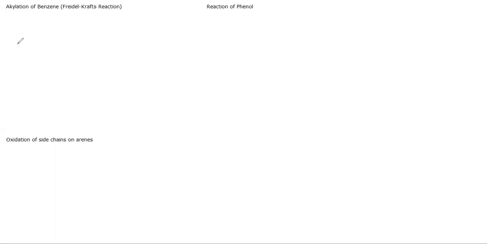So, for example, I have benzene here, and then I have a chloroalkane. Alkane means that you have a saturated hydrocarbon. For example, I have C2H5Cl here, in the presence of AlCl3, and the condition is dry.